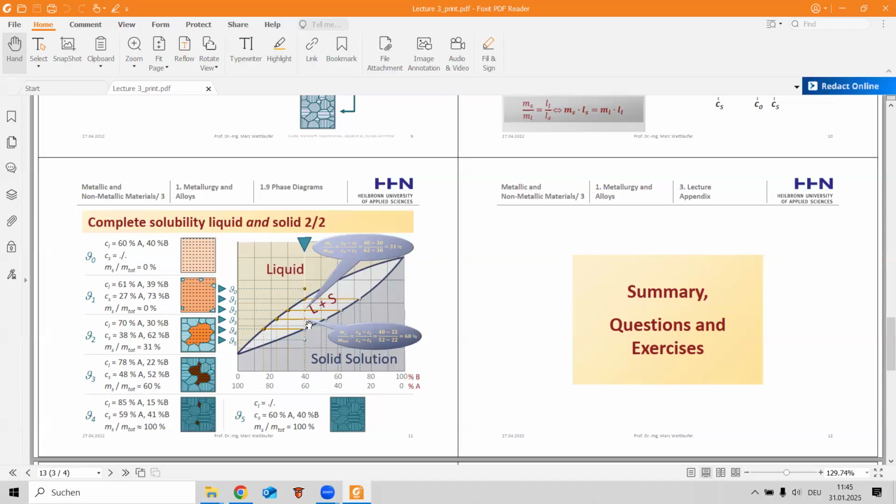So for this line, we have a similar formula. Here we have a certain concentration of 40% component B. So 40 minus 22, the liquid concentration, divided by 52, the solid concentration, minus 22, the liquid concentration, and it is 60%.